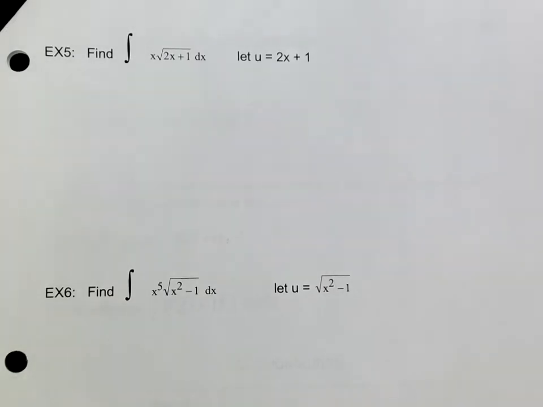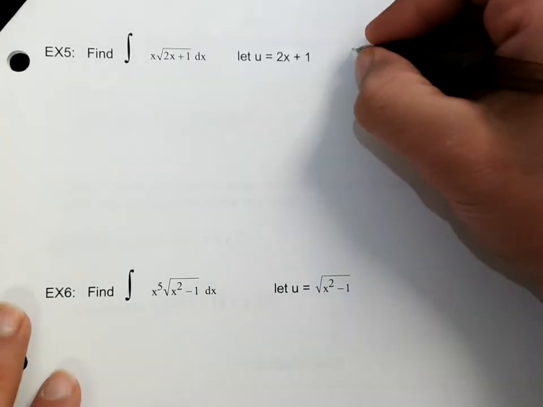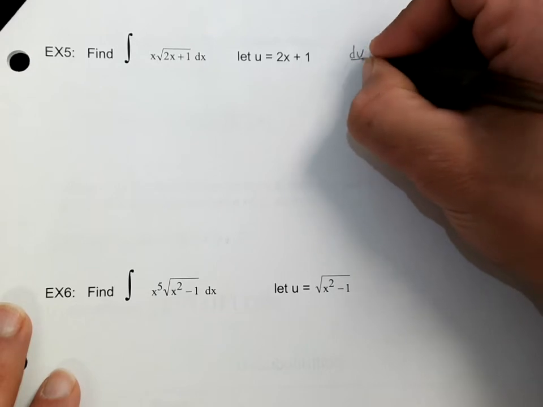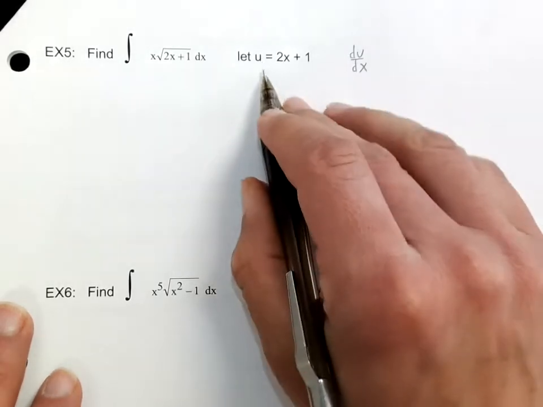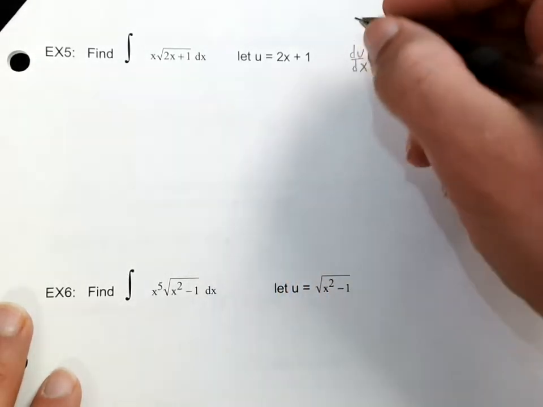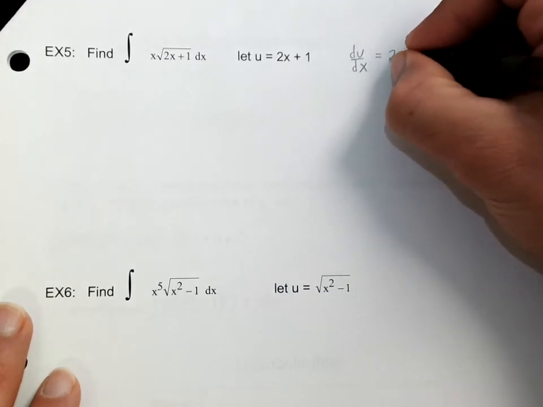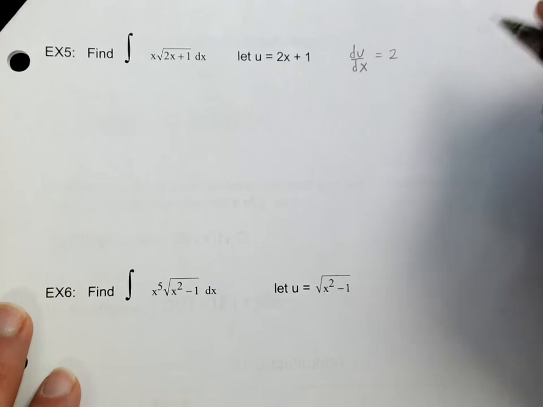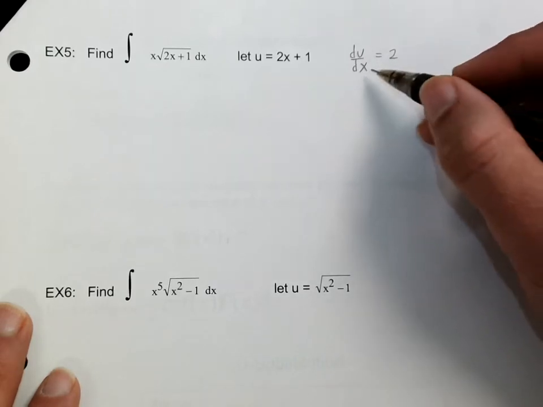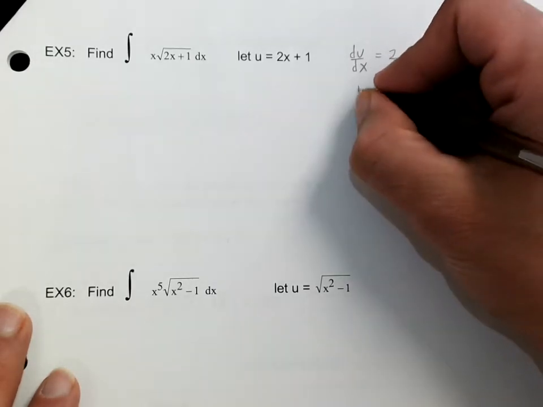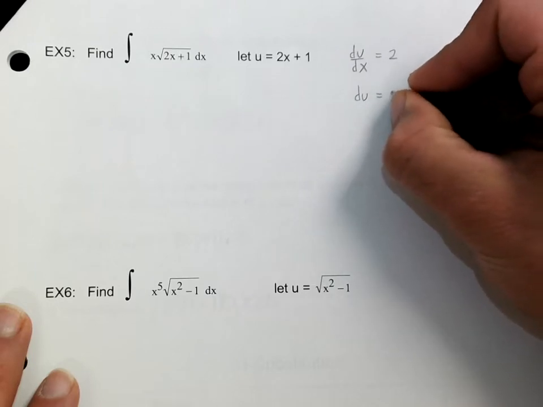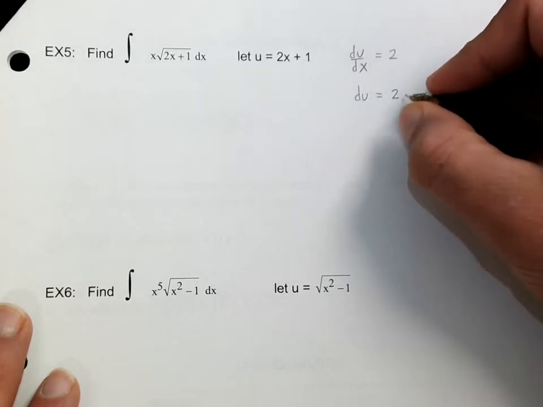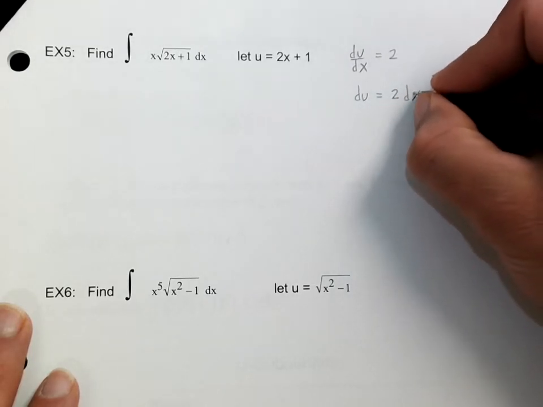Alright, so first things first, let's just go ahead and get the derivative of u. So the derivative of this right here is just 2, and well, that's it actually. And then if I multiply both sides times dx, I'm going to get du is equal to 2 dx.